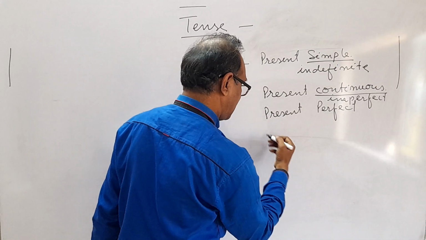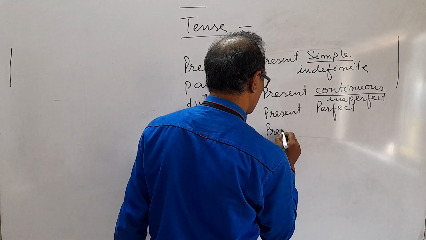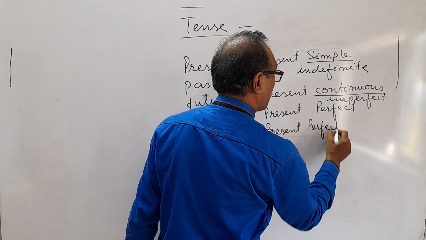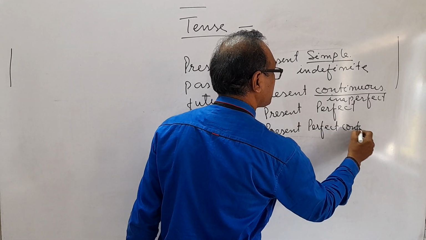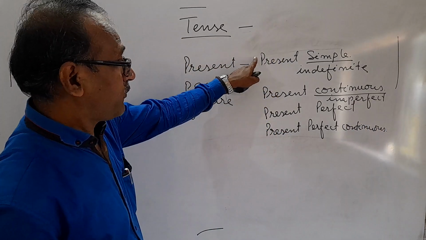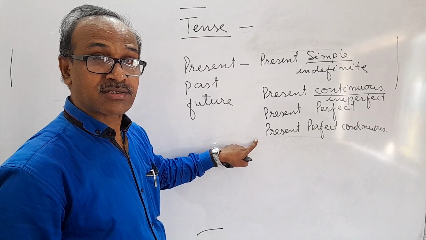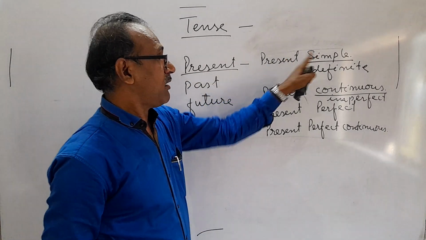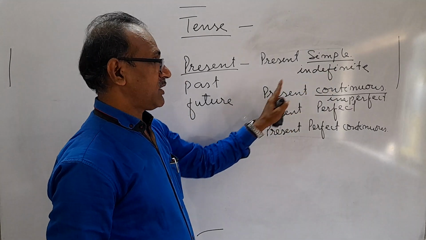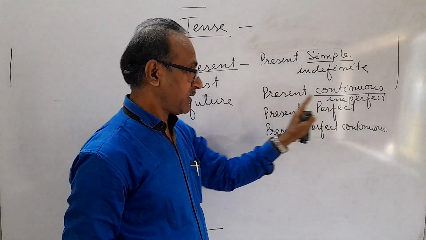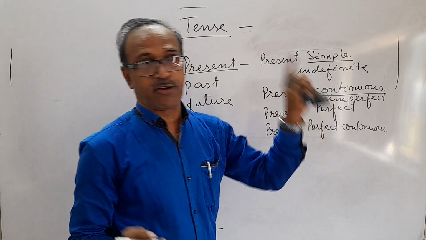Then present perfect, and another is present perfect continuous. Okay, so these are the four parts of present: present simple or present indefinite, present continuous or present imperfect, present perfect, and present perfect continuous.